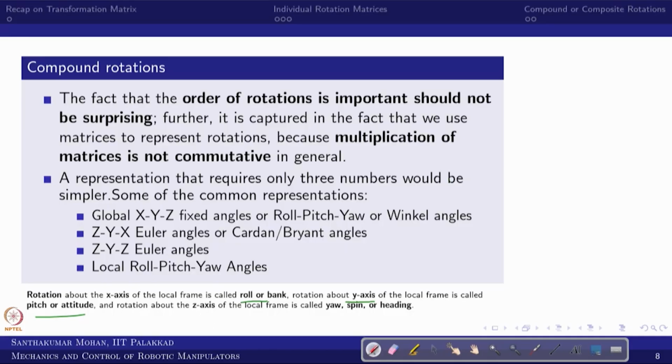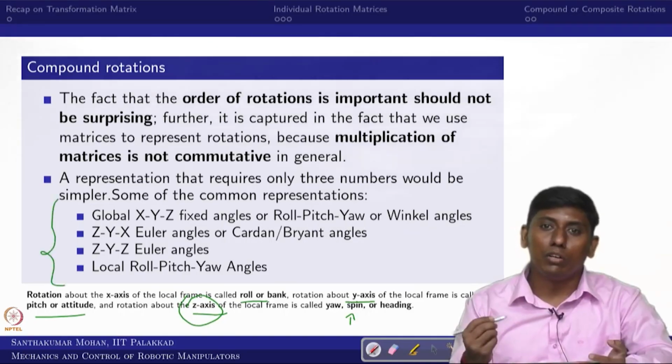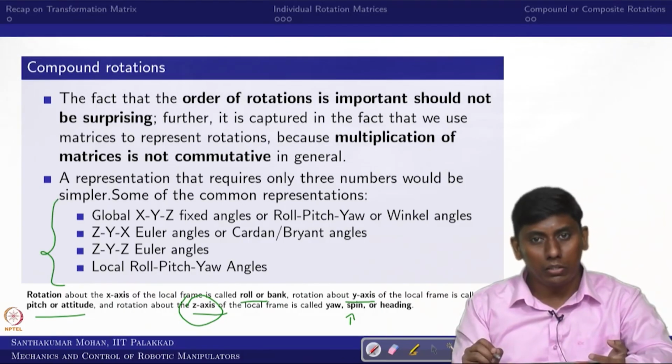Similarly, rotation about the Z axis of the local frame is called yaw; some people call it heading, some people call it spin. Spin is more commonly used for roll, but when we represent the local frame, the spin would be on the Z axis. So now you have some clarity. There are several representations, so how can we bring all these into one picture?